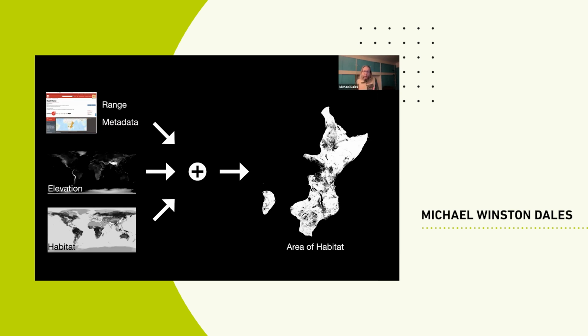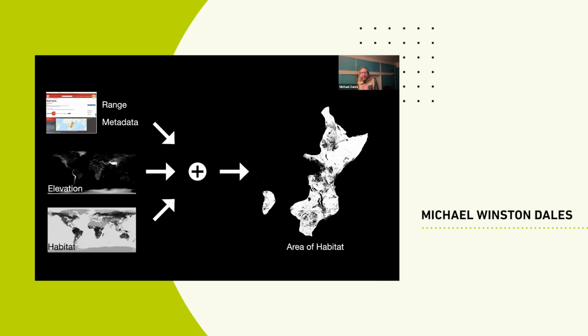And when I say map, I mean bitmap, and when I say bitmap, I literally mean TIFFs, because that's the standard data format for all of these raster images, the good old TIFF image format. Then for the habitat map, similarly, we take a derived raster map of what habitats are in what location and filter that for habitat preferences. And then we just multiply those 3 images together and we have our area of habitat. Fairly simple, that even I as a computer scientist can understand it.